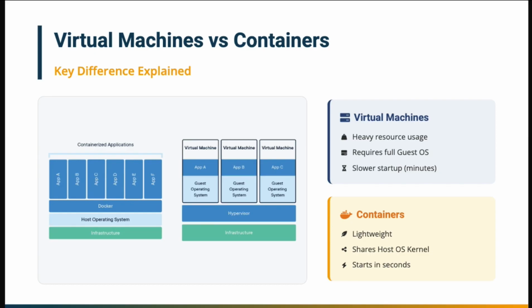Containers, on the other hand, are incredibly lightweight. They share the host operating system's kernel, which eliminates the need for a full operating system copy. This allows containers to start in seconds and use far fewer resources. Understanding this architectural difference is crucial for maximizing efficiency and density in your infrastructure.